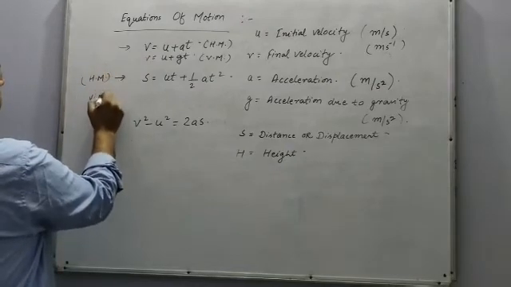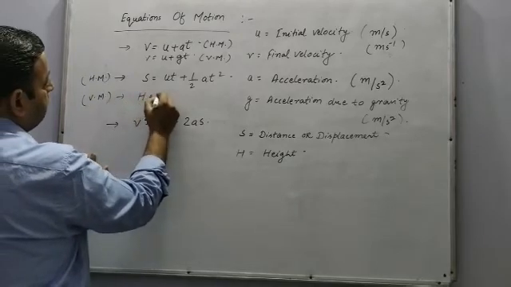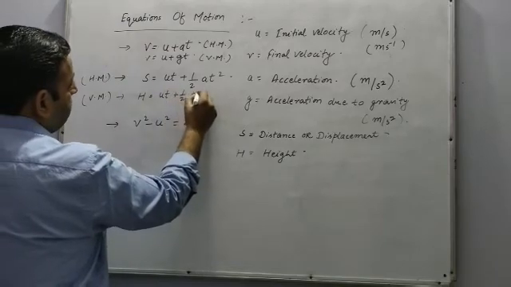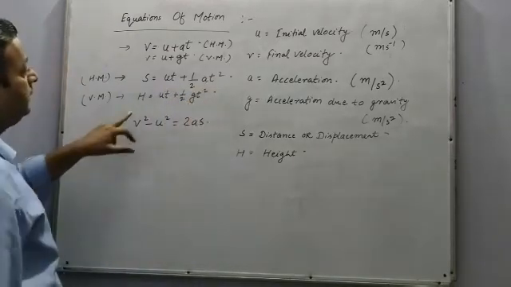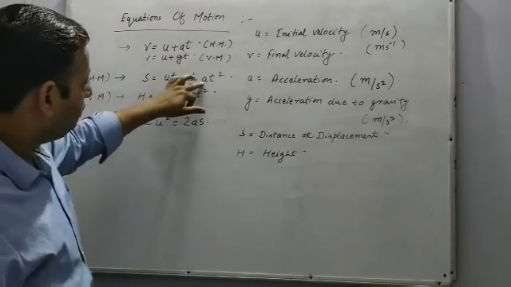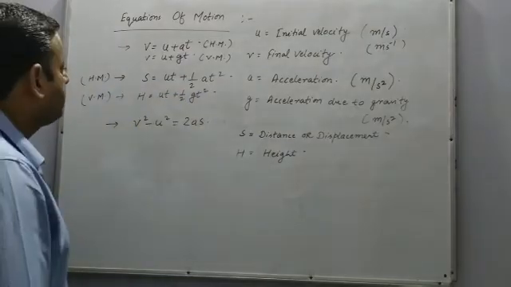Now under vertical motion, we write the equation as H is equal to ut plus half gt square. In place of S we write H, in place of A we write small g, acceleration due to gravity.